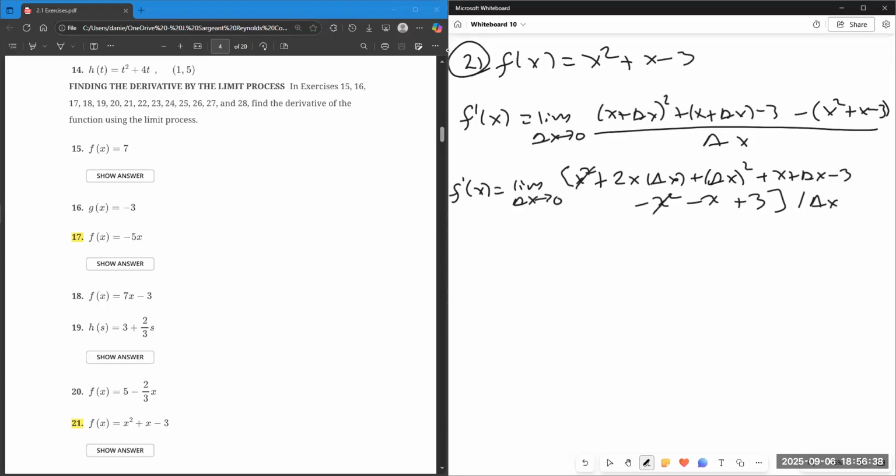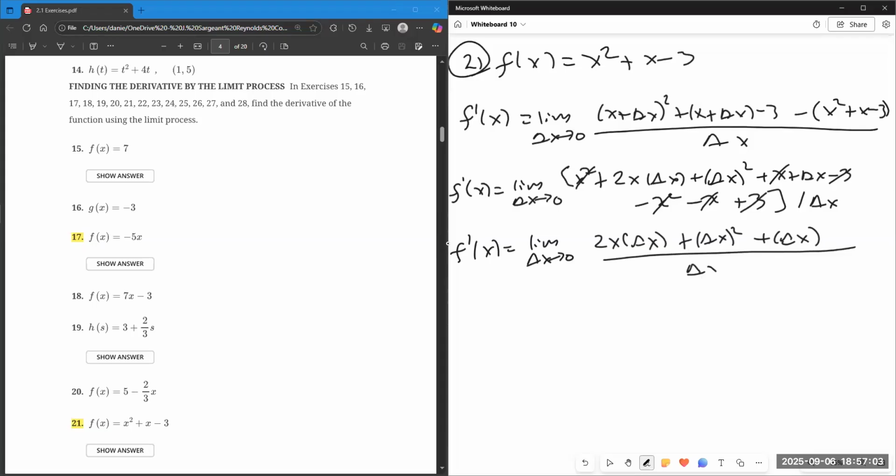So x squared minus x squared, x minus x, negative 3 plus 3, all zero each other out. f prime of x equals the limit as delta x goes to 0 of 2x delta x plus (delta x) squared plus delta x, and that is divided by delta x.